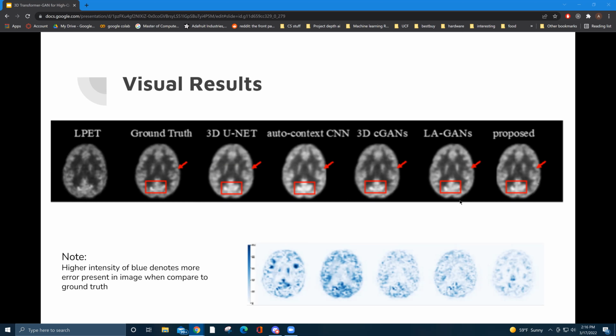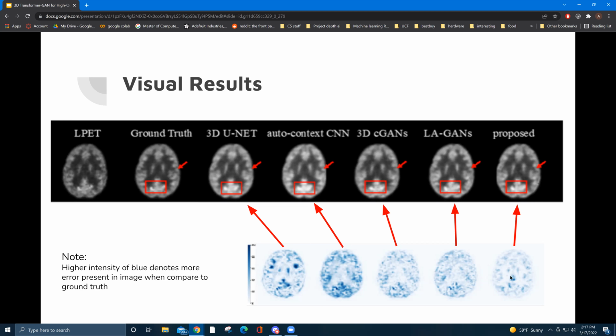And so their proposed method is on the right, and the ground truth is noted there. The blue images on the bottom are a little bit easier to visually comprehend. The more intensity of blue is the more error that was shown from that image. So all the way to the right is the proposed method, and compared to the other ones, it's the least blue.